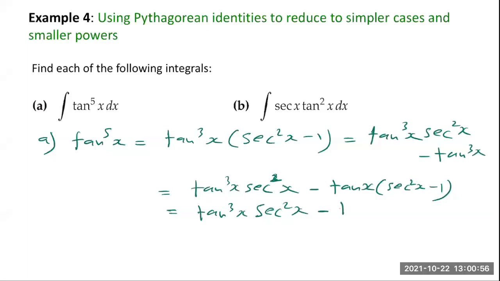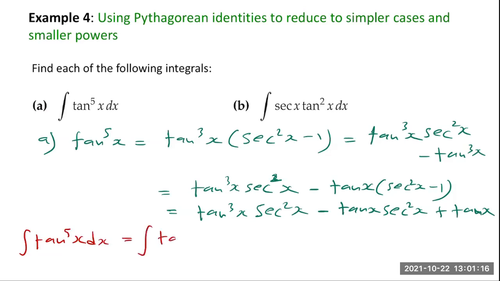Yeah, I guess minus tan x secant squared x plus tan x. Now I can start with my integration. My integration will become the integral of tan 5x dx, which is the same thing as the integral of tan cube x secant squared x dx.